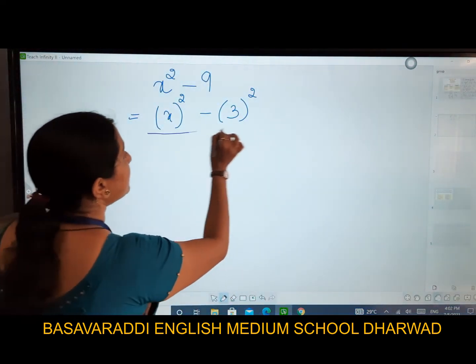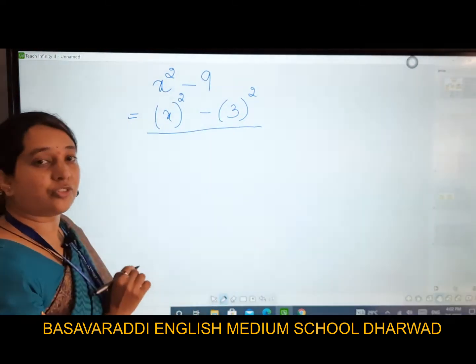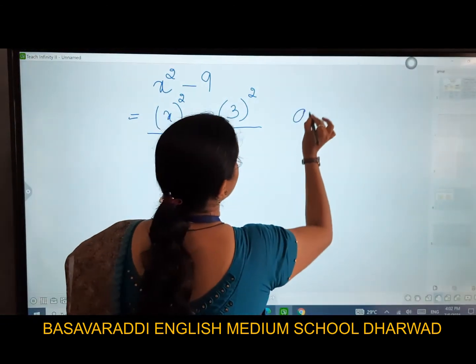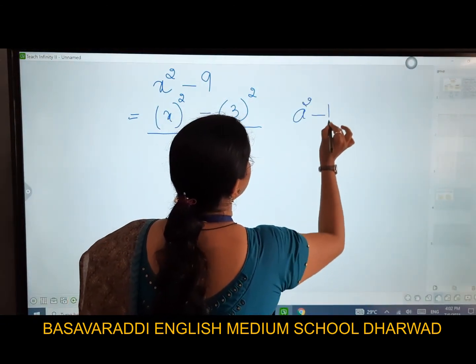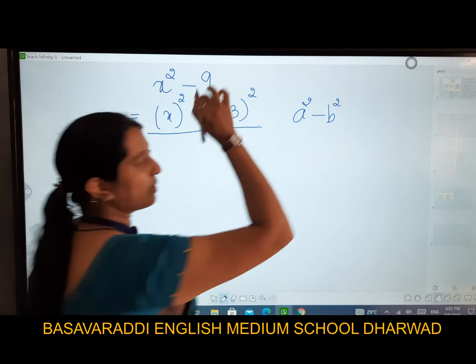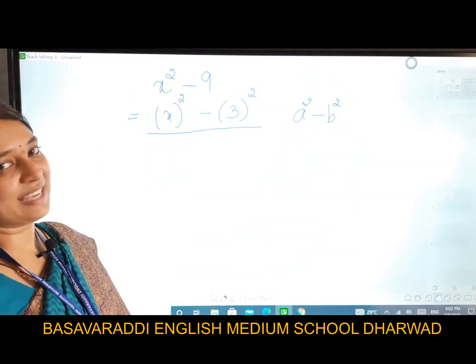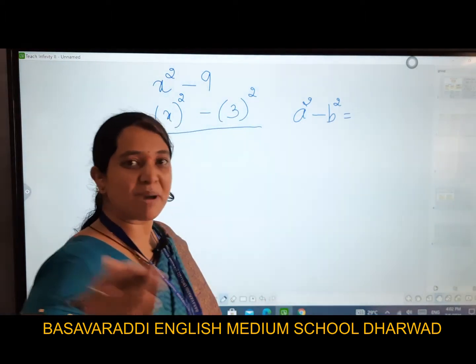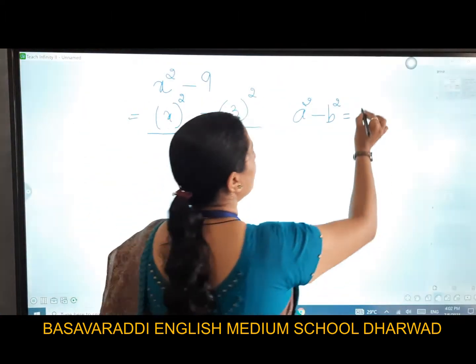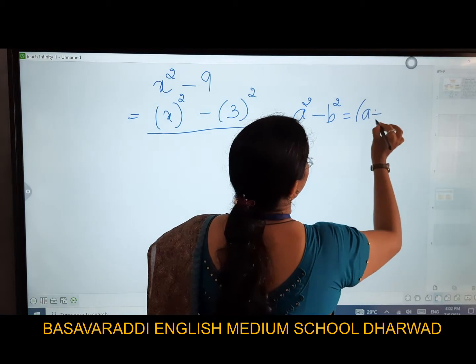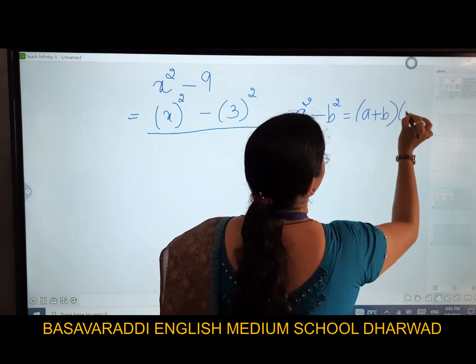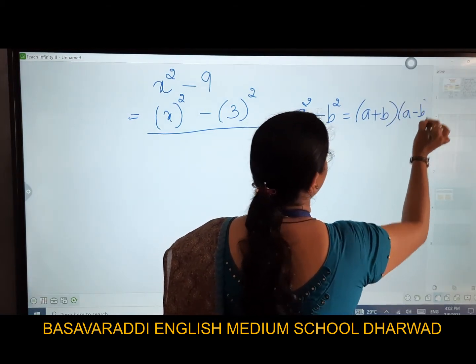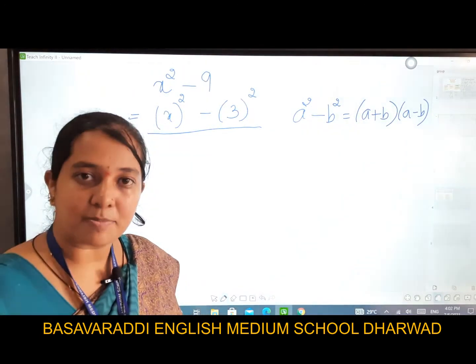Now if you observe this, it is of the form a square minus b square. So we know the formula very well. A square minus b square is equal to a plus b into a minus b.